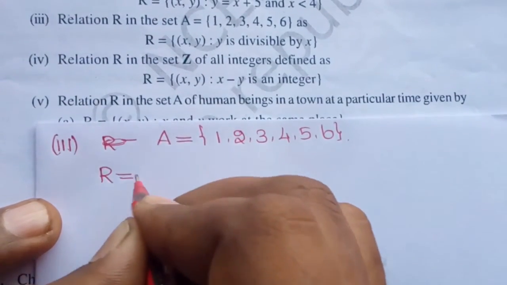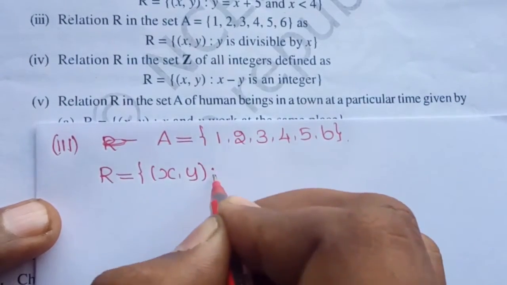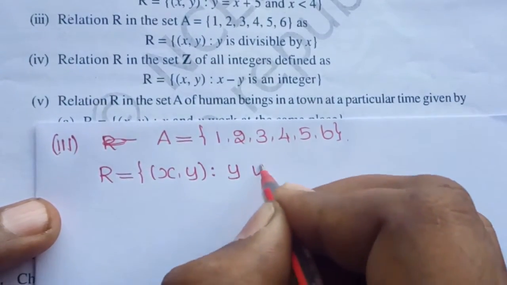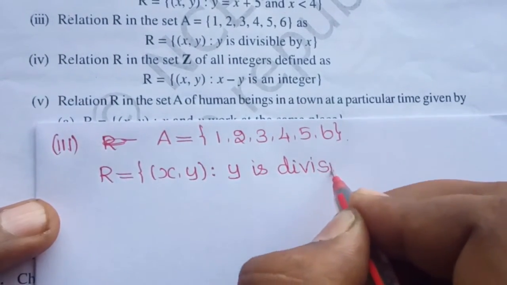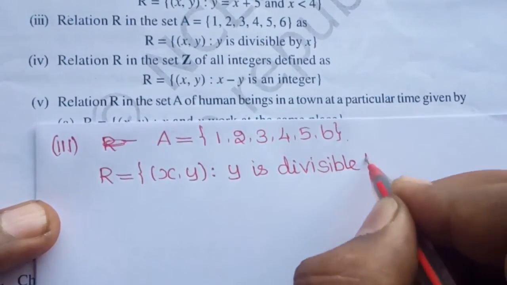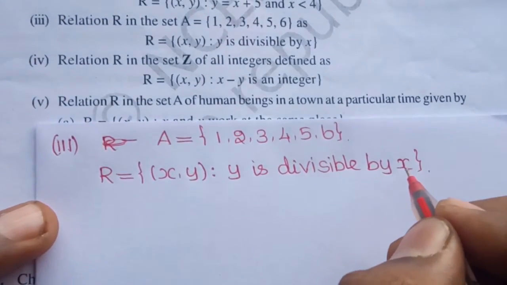So R is equal to the set of ordered pairs (x, y) such that y is divisible by x. Everyone, listen carefully.